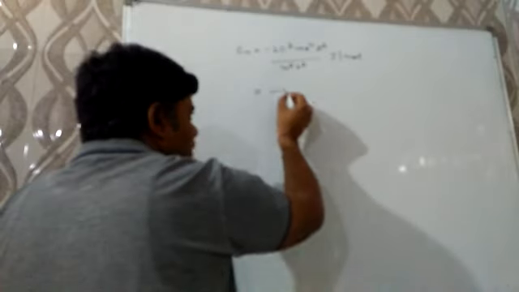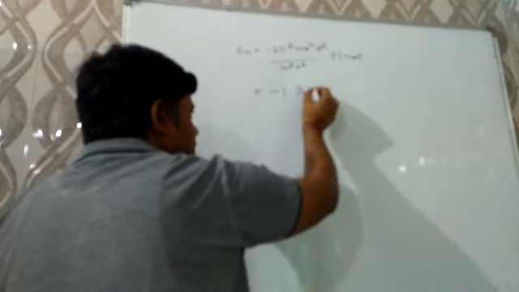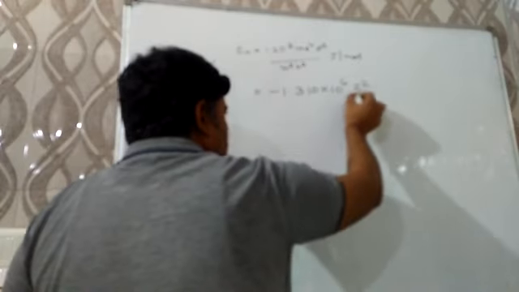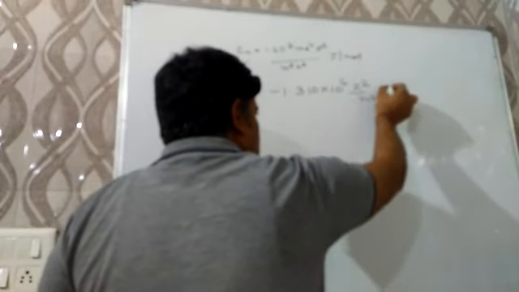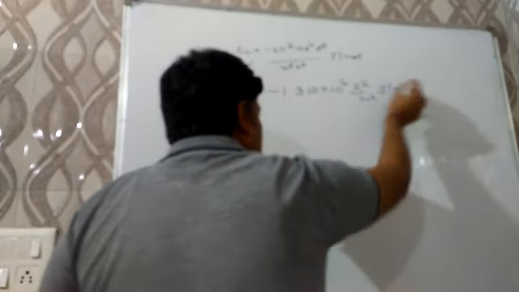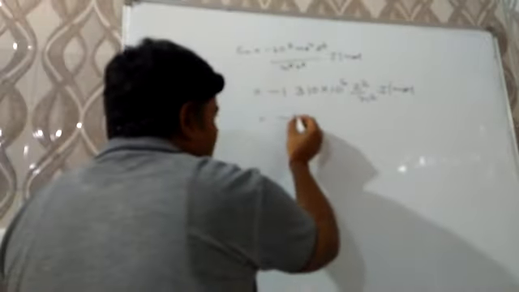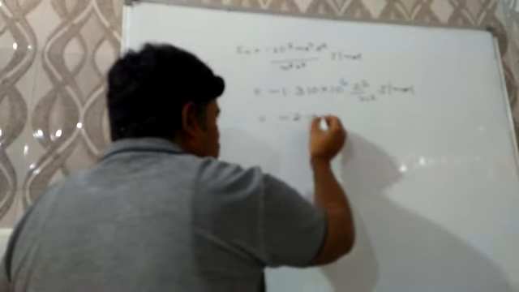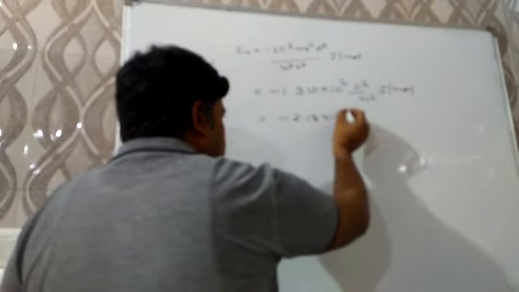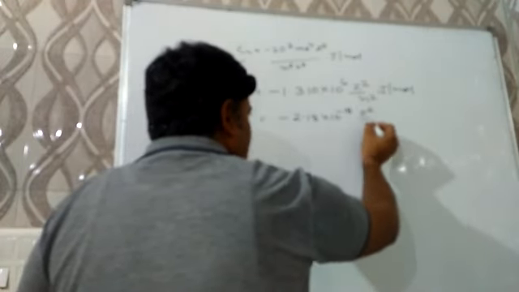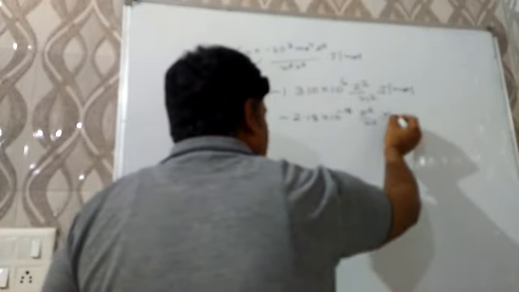and the mathematical value comes out to be minus 1.310 into 10 raised to power 6 z square over n square joule per mole. In joule per atom, it can be converted by dividing by Avogadro number, and that value comes out to be minus 2.18 into 10 raised to power minus 18 z square over n square joule per atom.